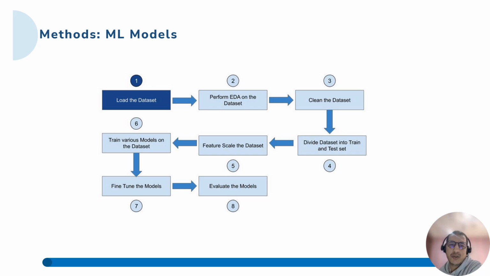We'll try to clean the dataset. We'll handle missing values. We'll correct obvious errors and ensure consistent data types. We'll also divide the dataset into train and test sets, and we'll split the data, as I said, into train set and test set.